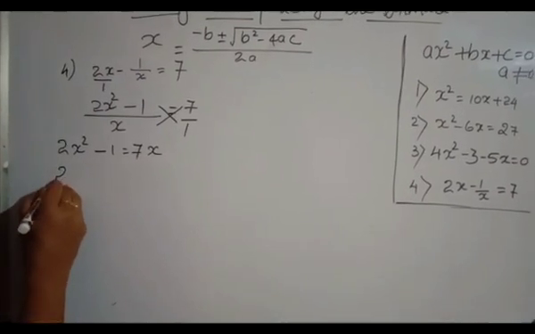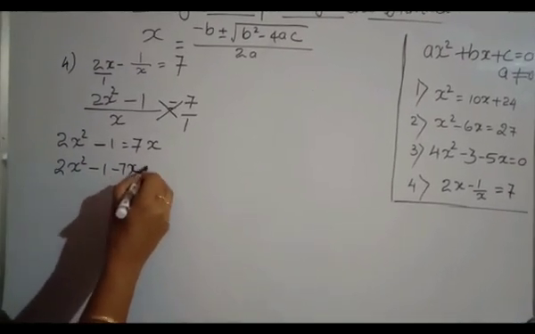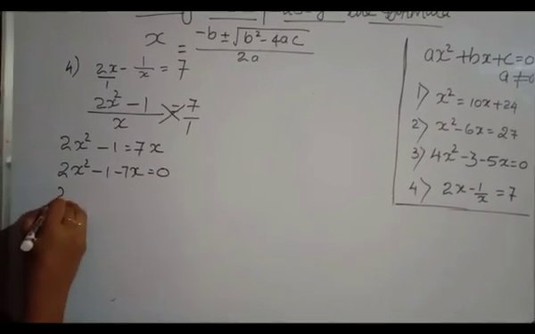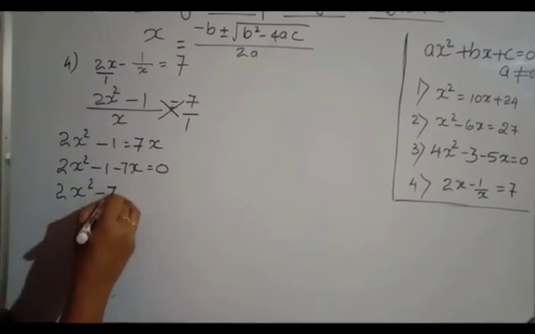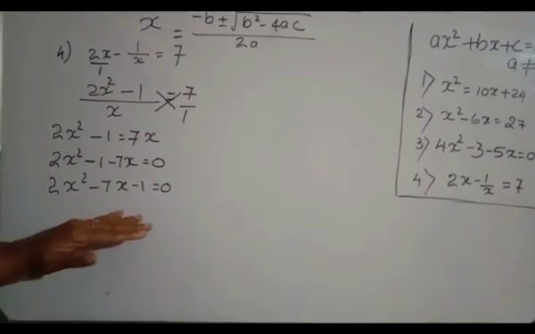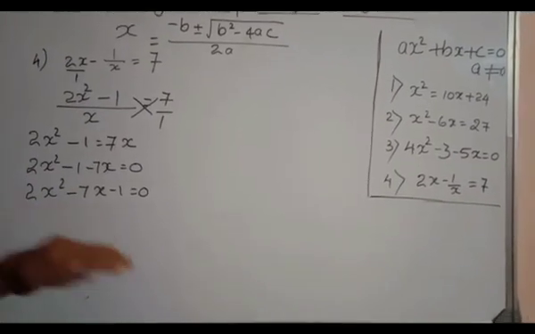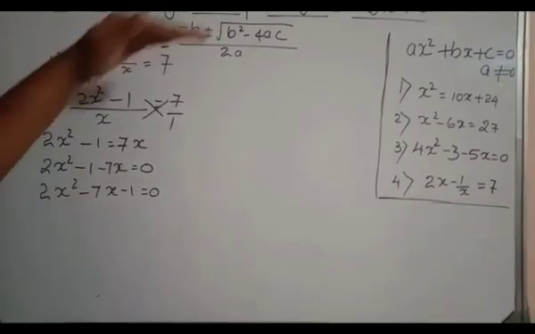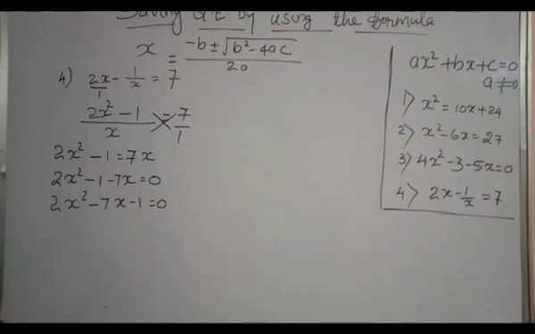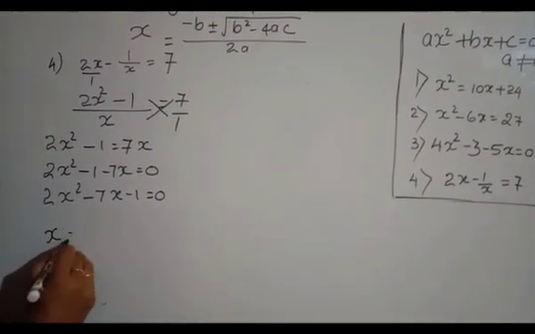So this will be 2x squared minus 1 minus 7x is equal to 0. 2x squared minus 7x minus 1 is equal to 0. So we got the standard form. Now we need to find the values of a, b and c and substitute those values in the formula, that is x is equal to minus b plus or minus root of b squared minus 4ac, divided by 2a.